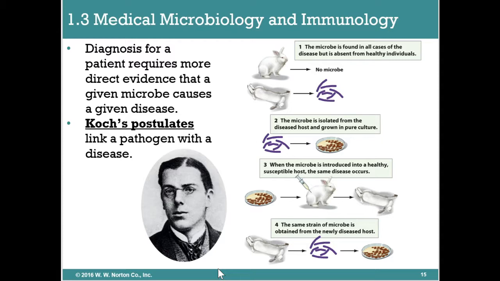Once the healthy host is infected, the healthy host will get sick and will die from the disease. After the new host dies from the disease, you have to be able to obtain the microbe again. So those are the four Koch's postulates, as you can see in this image right here.